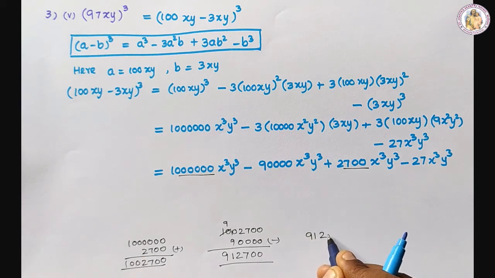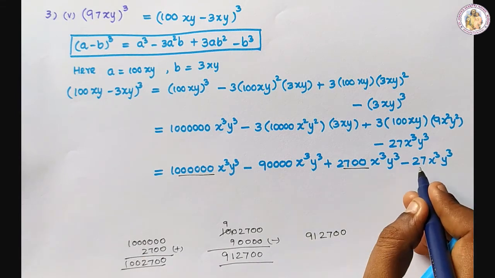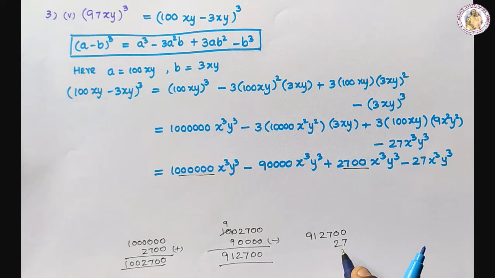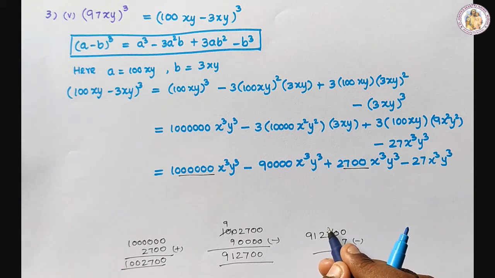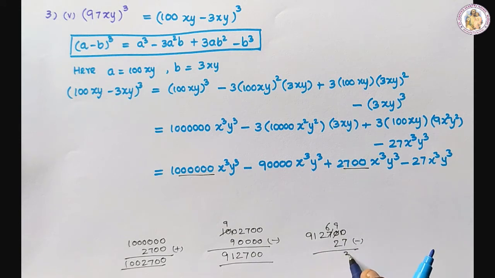Again from this subtract 27, 0 minus 7 is not possible, so from here borrow 1, it becomes 6, here 9, it becomes 10, 10 minus 7 3, 9 minus 2 7, 6 2 1 9.